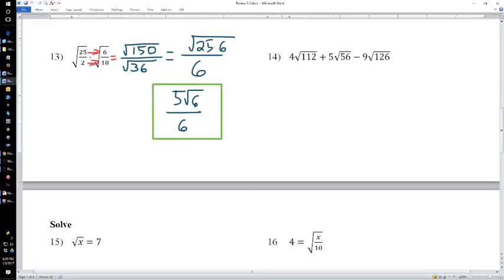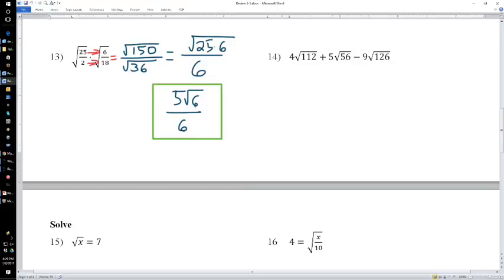And last but not least, number 14. If you haven't tried it yet, just go ahead and do it. But 112 is 16 times 7, actually.